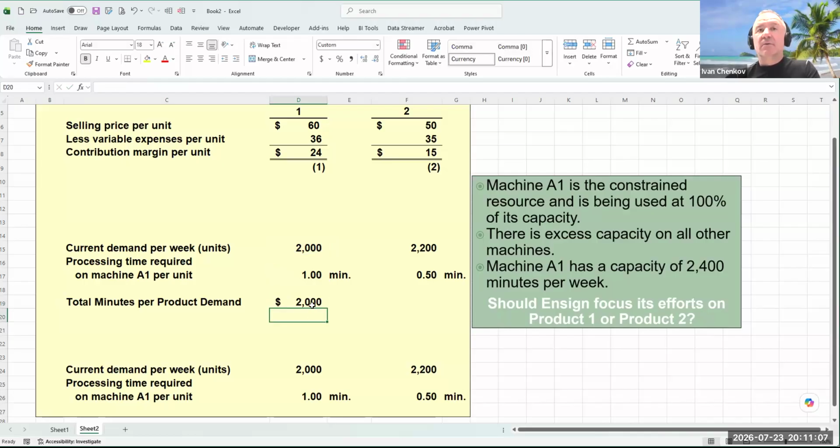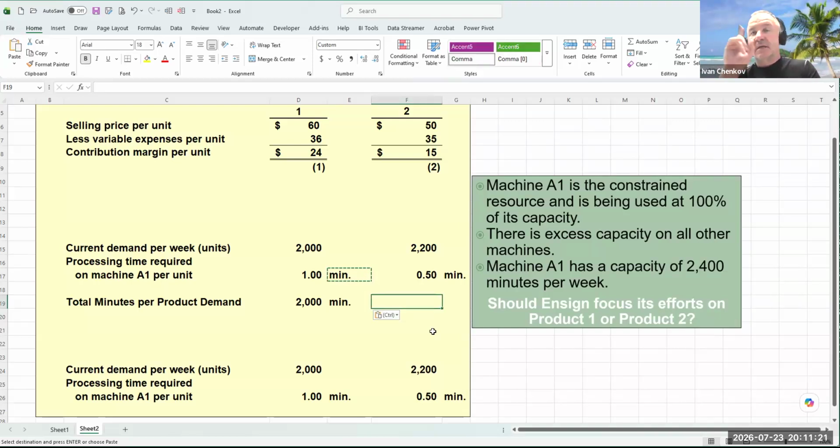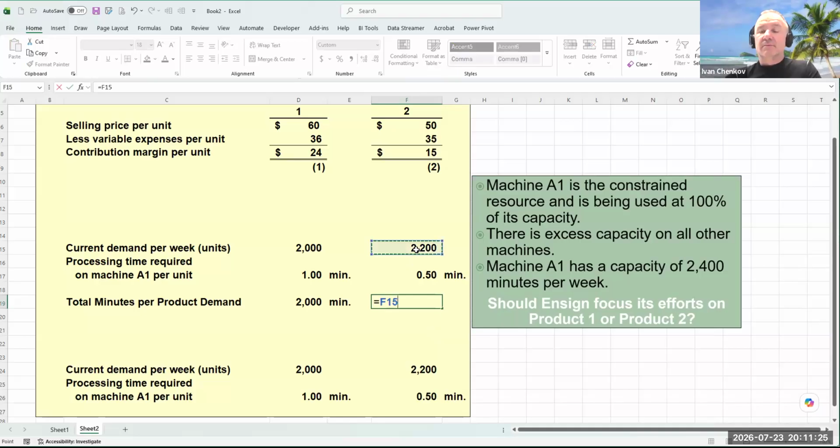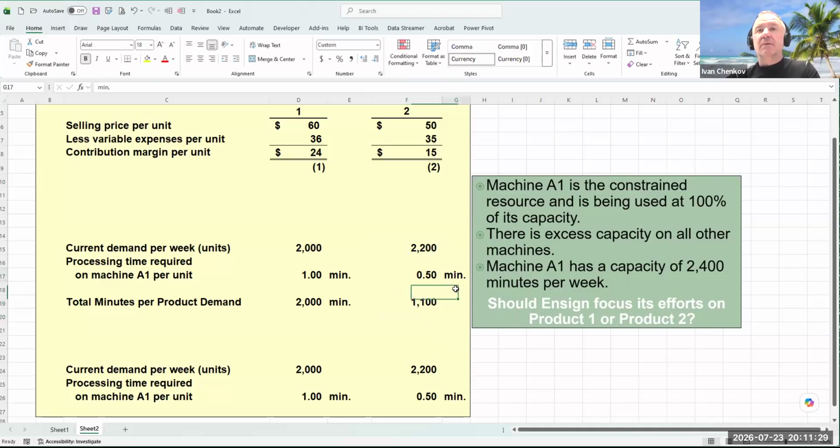We need 2,000 minutes. I don't want this format, I'm going to flip to this format here. 2,000 minutes here. And for product two, since it takes only half a minute, it's 2,200 times half a minute. I need 1,100 minutes to produce product two.